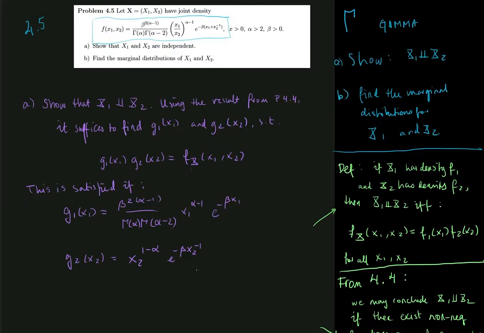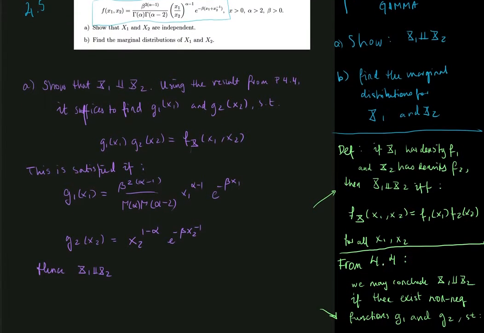So that seems pretty straightforward, right? Because then we have that g1 multiplied by g2 is equal to the simultaneous density. Hence, x1 and x2 are independent. So that was the solution of the first part.